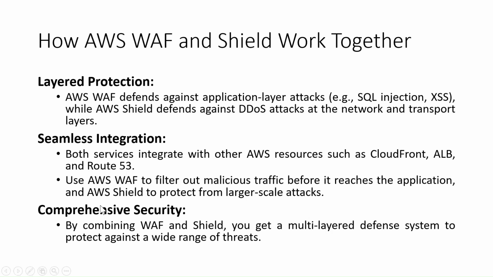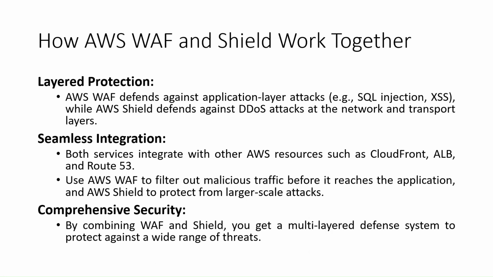And lastly, they provide comprehensive security. By combining WAF and Shield, you get a multi-layer defense system to protect against a wide range of threats. AWS WAF handles application level threats, and AWS Shield defends against large traffic floods and network level attacks. Together, they give you stronger protection.